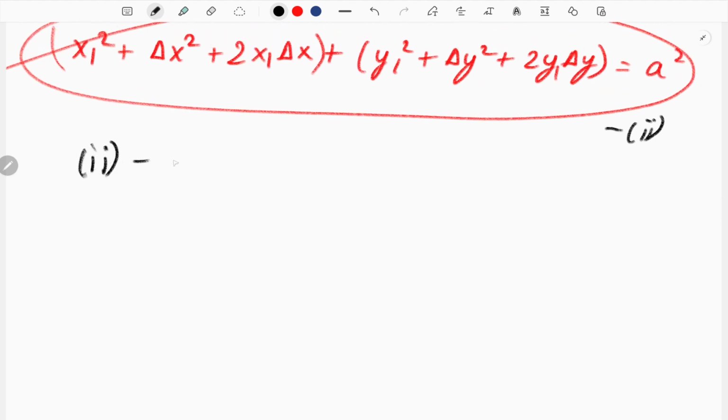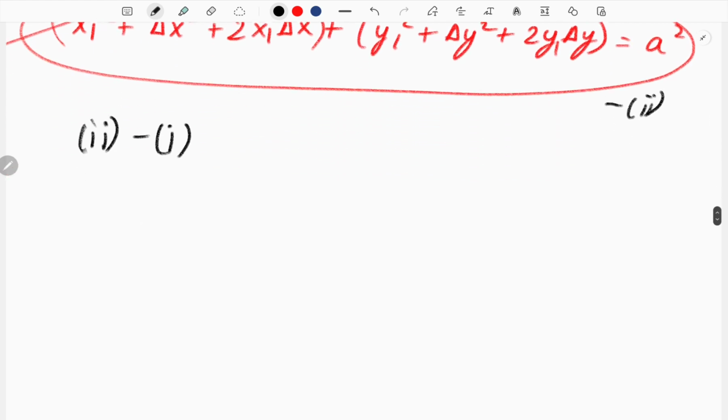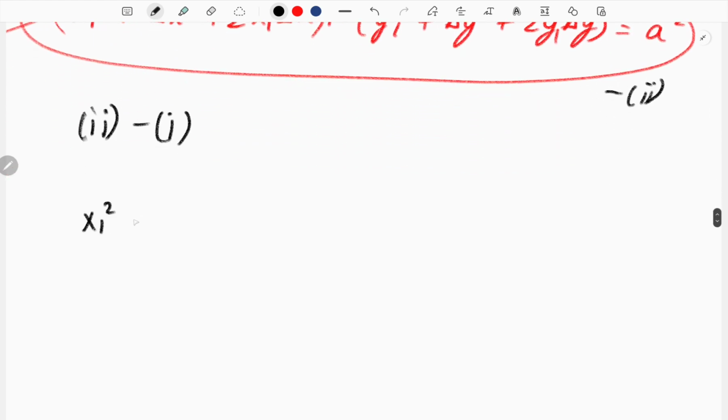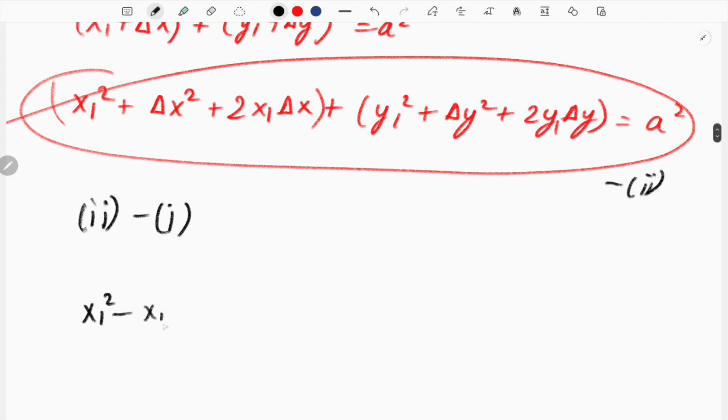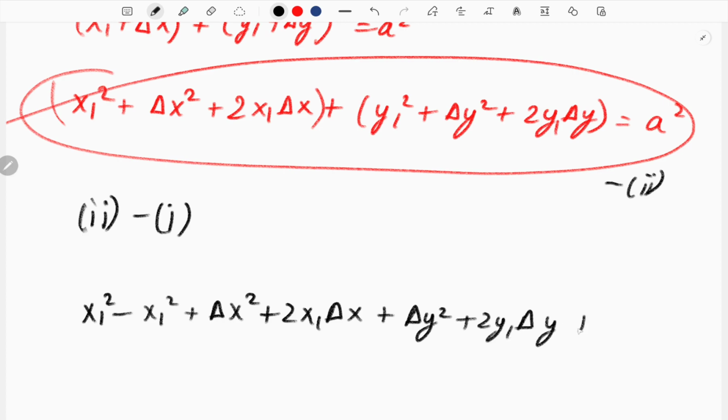When you subtract equation 1 from equation 2, we get x1 squared minus x1 squared plus delta x whole squared plus 2x1 delta x plus delta y squared plus 2y1 delta y plus y1 squared minus y1 squared is equal to a squared minus a squared, which is 0.